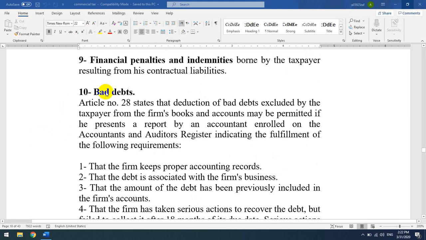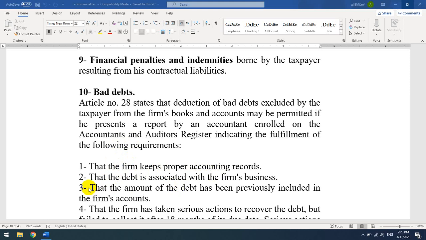The item number 10, bad debts. We said before that bad debts is a deductible cost, right? But under specific conditions or requirements. For bad debts to be deducted, they have to meet many requirements, such as the firm keeps proper accounting records.